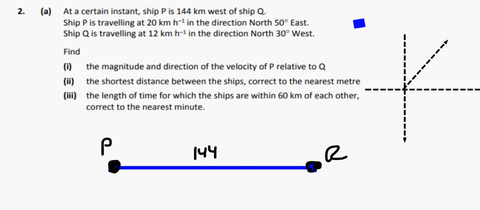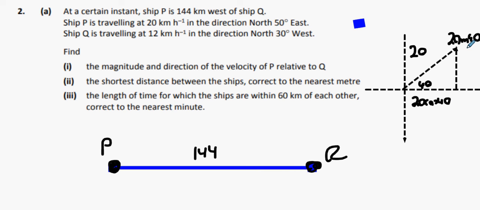So to me, that is the same as, if that's 50, that's 40. Right, so I'm just going to treat it like that. I always tend to work upwards, so that's northeast, and that's 20. So that's 20 cos 40 and 20 sine 40.